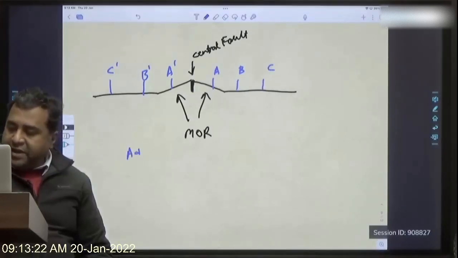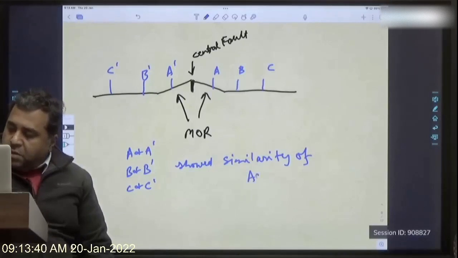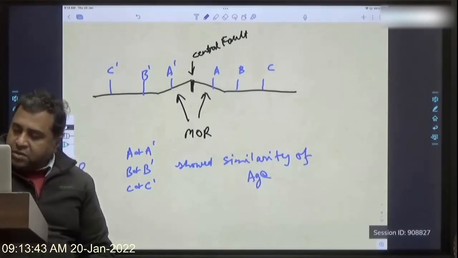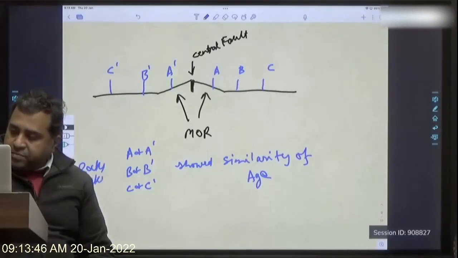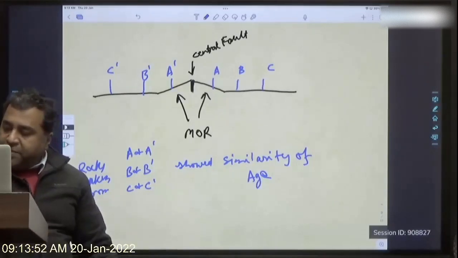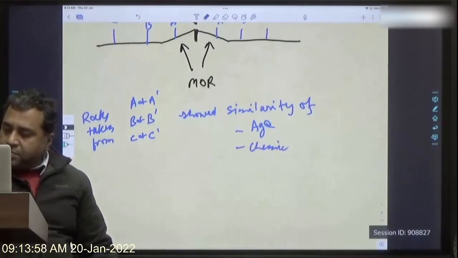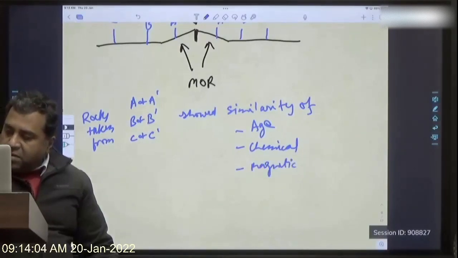So A and A dash, B and B dash, and C and C dash showed similarity of age, chemical composition, chemical and magnetic characteristics. You can write.